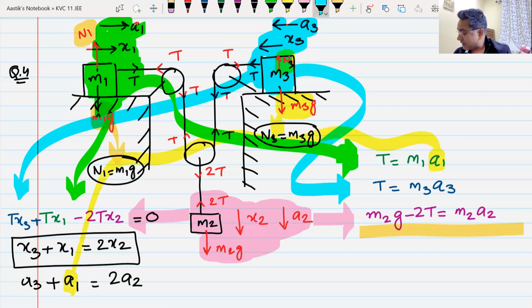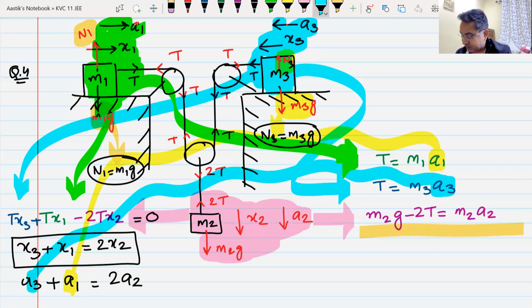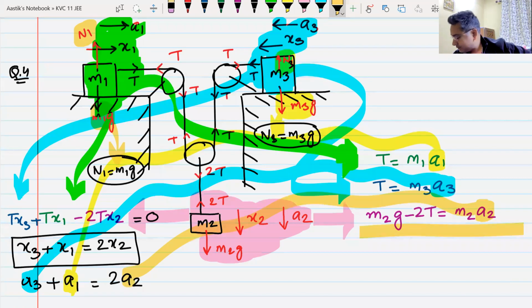I will then take the value of A3 from here and put it here. Then I'll take the value of A2 and put it here. In this way, I will be able to eliminate A1, A2, and A3 from the equation, and I'll get the value of T.